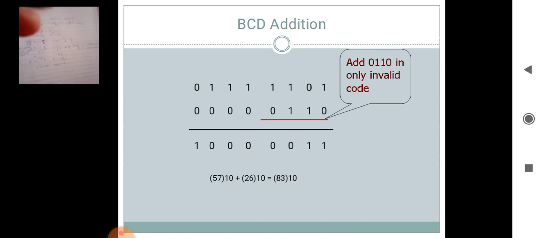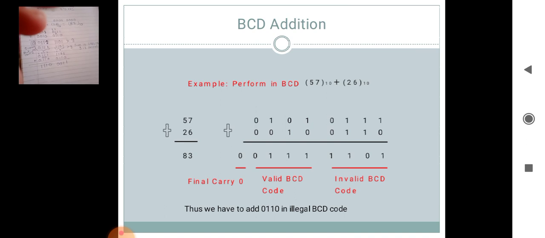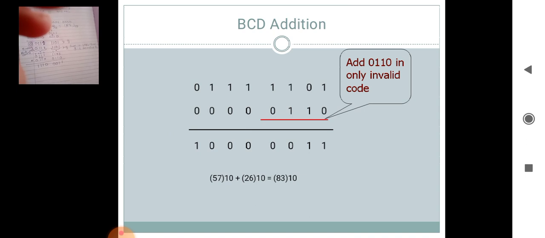Now here you can see that invalid BCD is also generated here. So what we have done, we have added 6 here. Sorry, here we have to take 0 0.